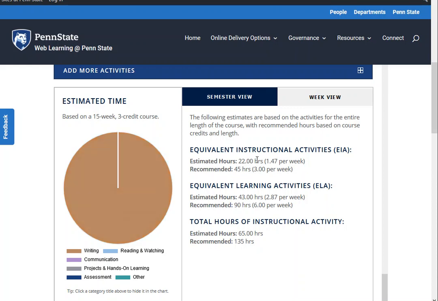But this is where it's going to say, here's the instructional, and here's the learning activities, and here's the total hours. So right now, I only put in one category. So my estimated hours of instructional activities equals 65 instead of the recommended 135. So again, this is breaking it out. This is the instructional time, and then this is the assigned homework. They're just using the word learning activities.